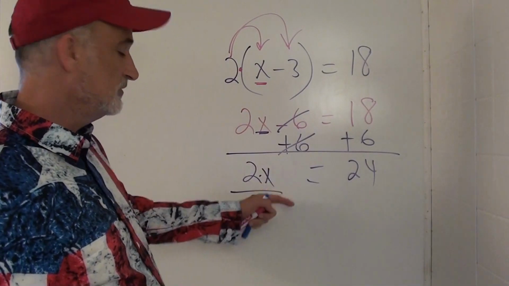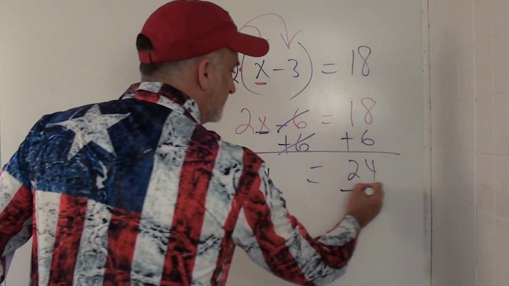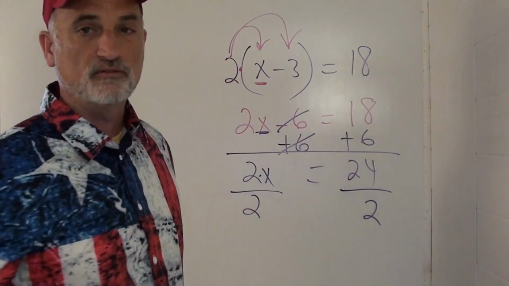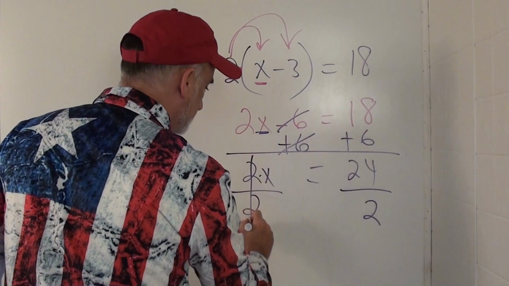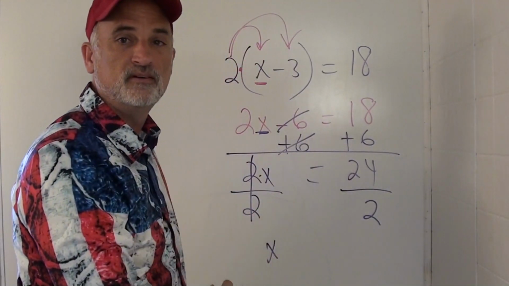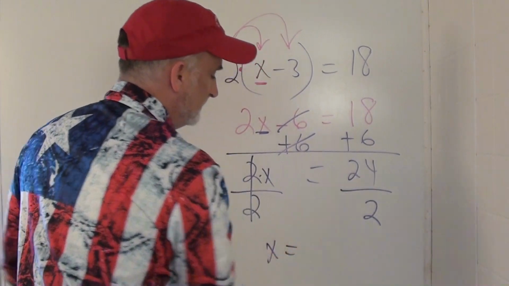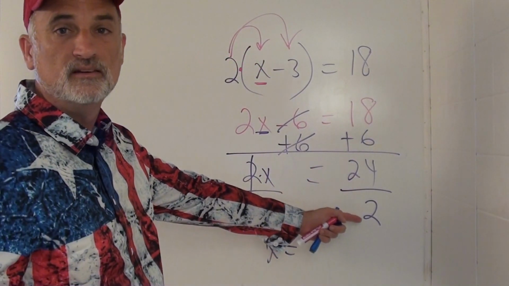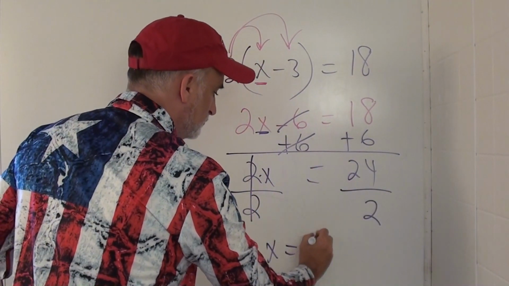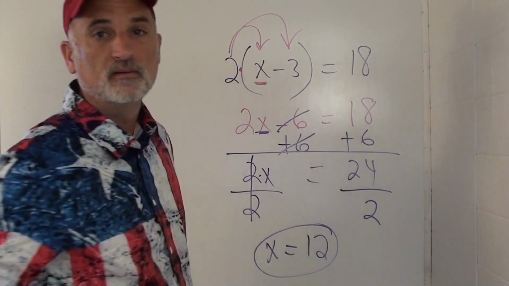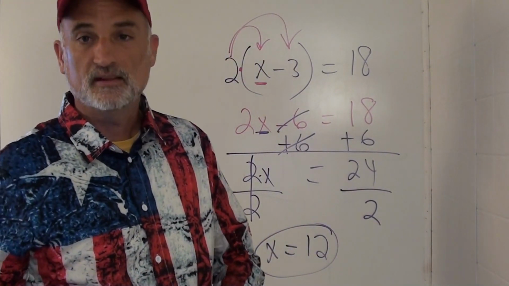But whatever you do to the left side, you got to do to the right side. So we're going to also divide by 2. So what do we get? x is by itself, okay? And then we know that 24 over 2 is 12.